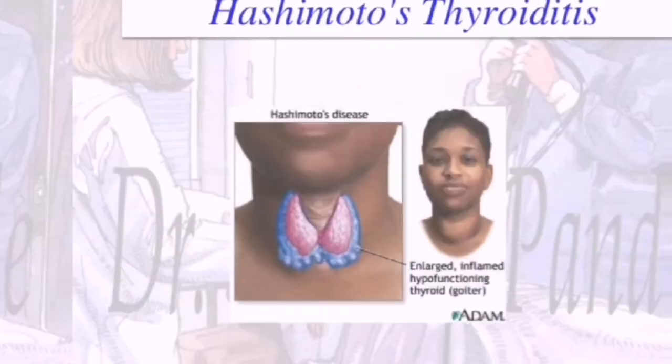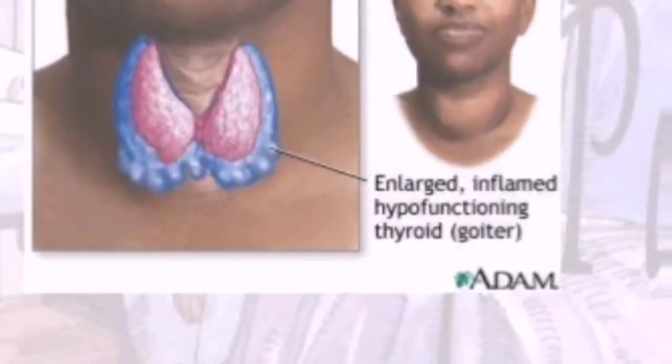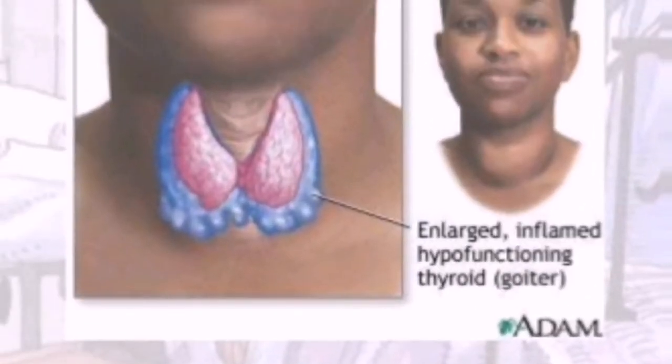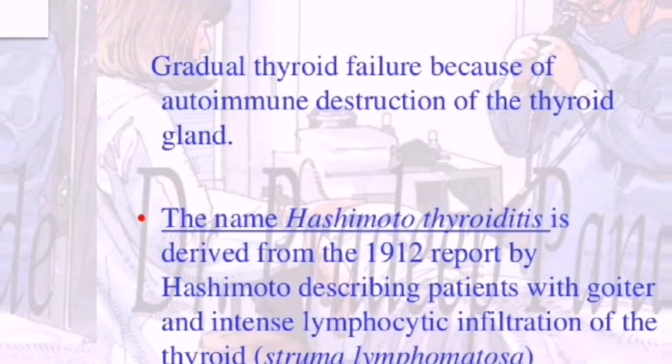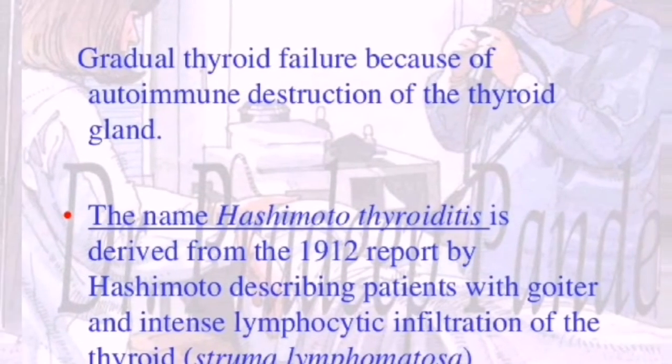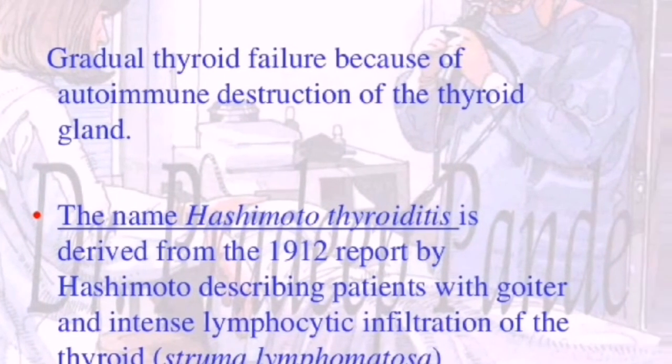Now we discuss Hashimoto's thyroiditis. You can see here the Hashimoto's: the thyroid is very inflamed, large, and hypofunctioning. It is characterized by gradual thyroid failure, from autoimmune destruction of the thyroid gland.